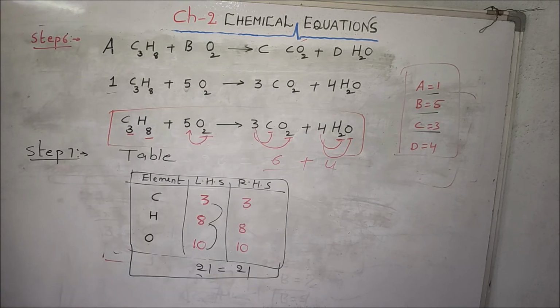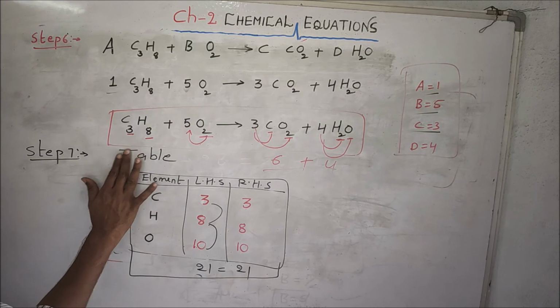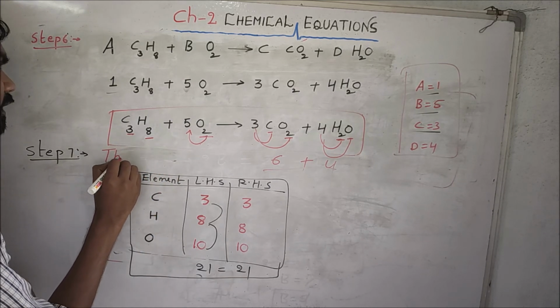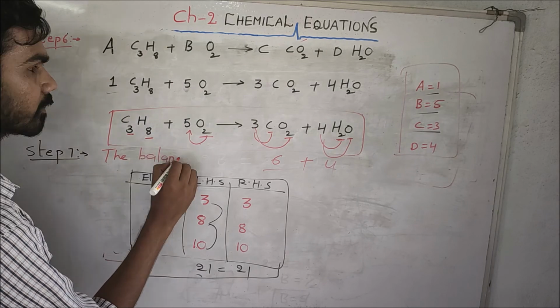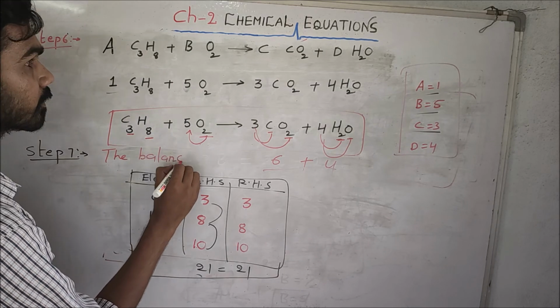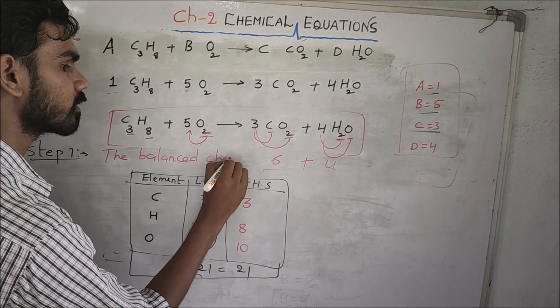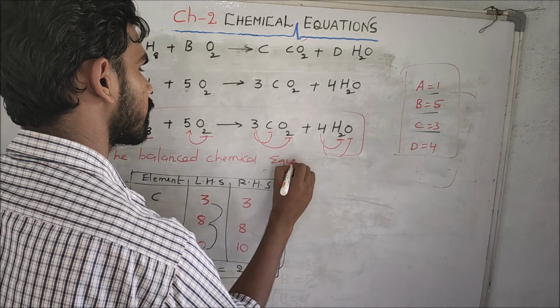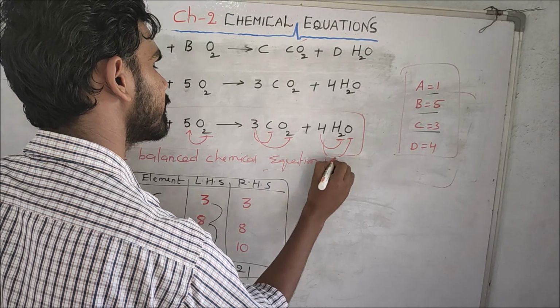So here, instead of table 7, you can write this. Instead of 7, you can write the balanced chemical equation is.